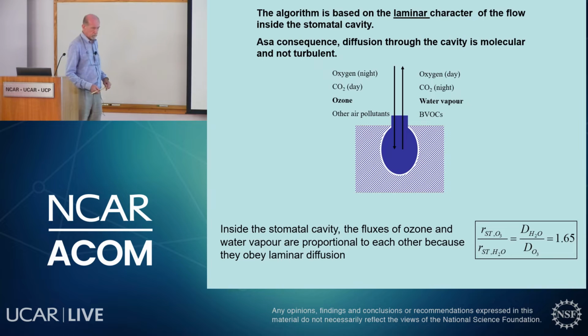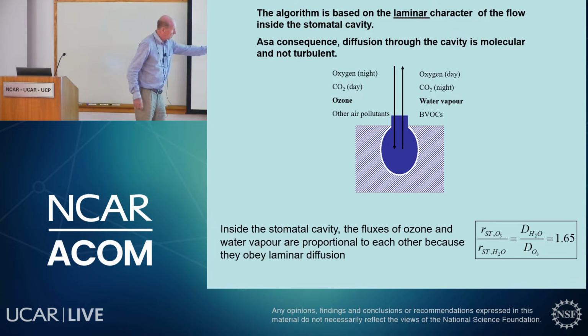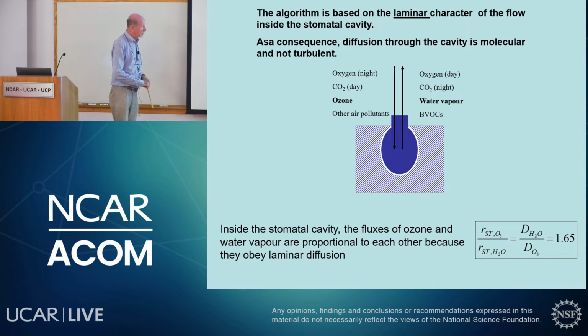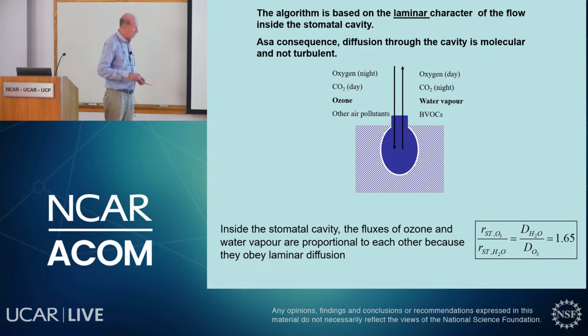So just to explain rapidly, the base of the algorithm is the fact that inside a stomatal cavity, which is schematized here, there is no turbulence. So the diffusion is purely laminar and molecular. And if we remember how the molecular diffusion works, it's characterized by a diffusion coefficient, which is a constant for each chemical species.